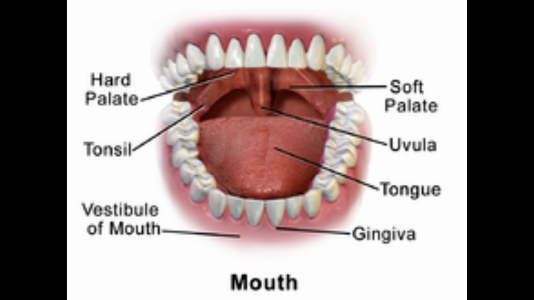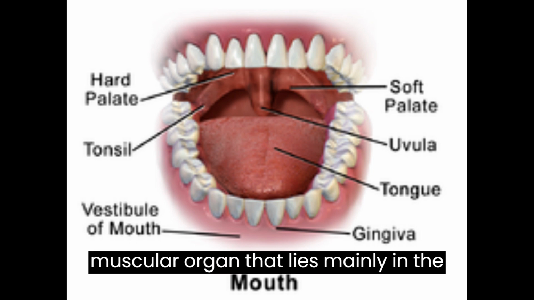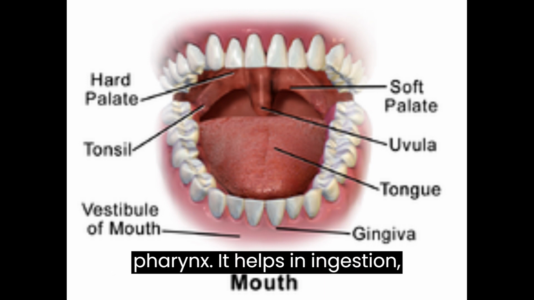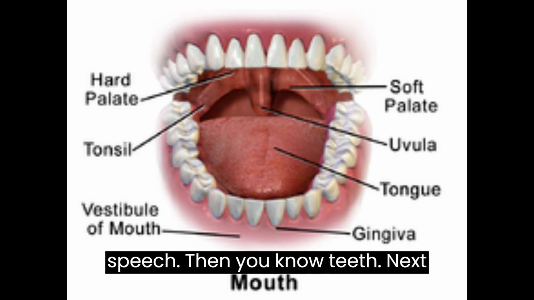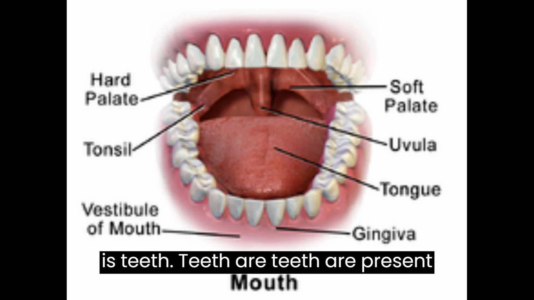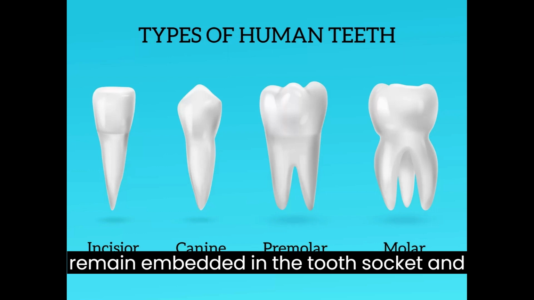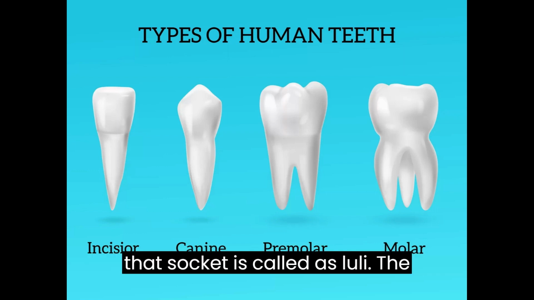Tongue. It is a muscular organ that lies mainly in the buccal cavity and partially in the pharynx. It helps in ingestion, tasting food, swallowing and speech. Next is teeth. Teeth are present in both jaws in humans, and they remain embedded in tooth sockets called alveoli.